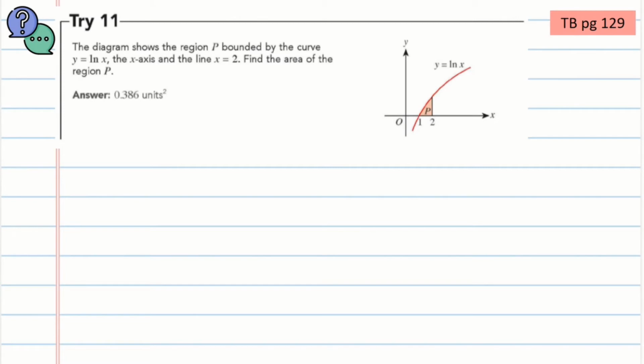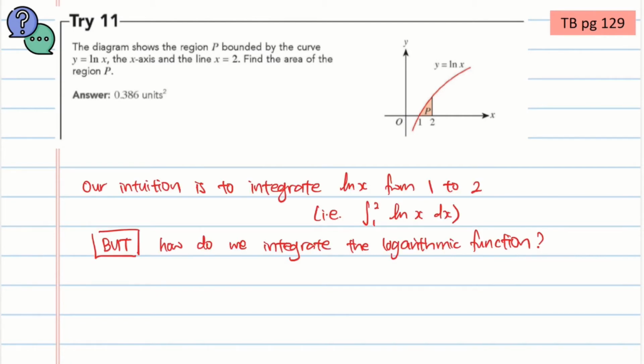Based on our conventional understanding or intuition so far, in order to find the area of this region, our intuition is to integrate ln x, because this is our equation of the curve, from 1 to 2. That means we are going to have a definite integral like that. But the problem here is, how do we integrate the logarithmic function?